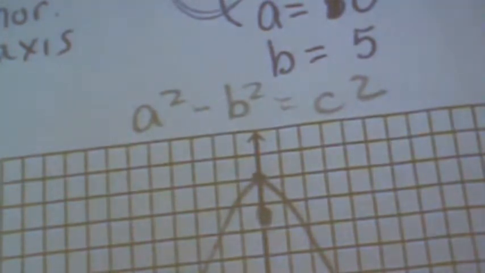This is negative root 75. This is positive root 75, or approximately 8.6. What if I asked you what the area of this is? It'd be pi times 5 times 10, or 50 pi. Area is 50 pi on that one.